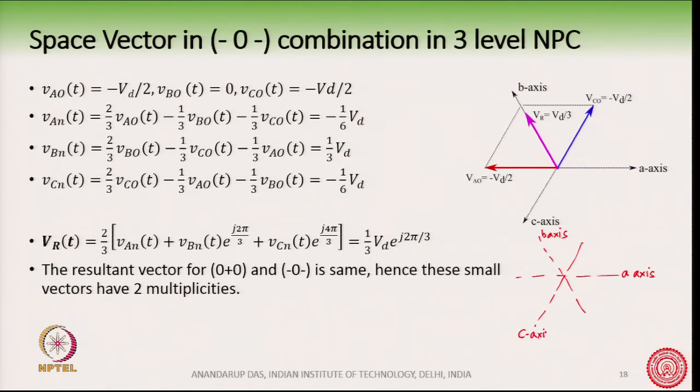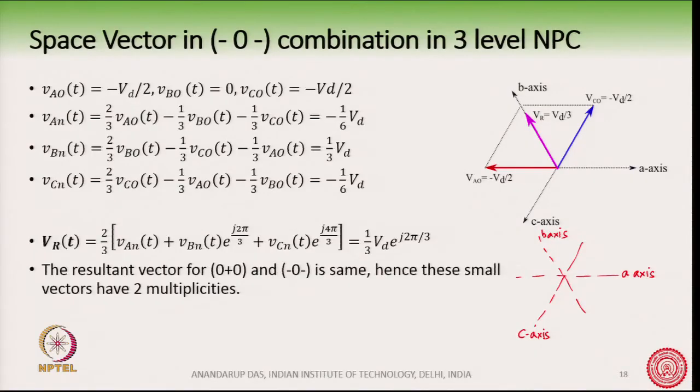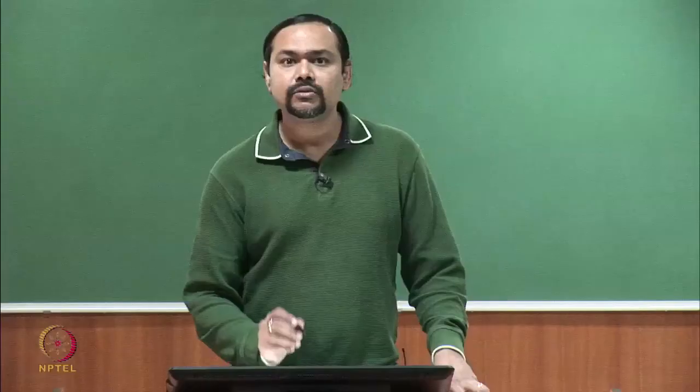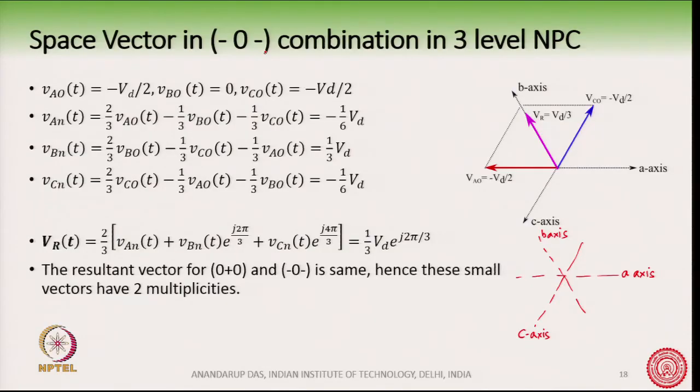I can quickly find the resultant space vector by vectorial addition on a diagram, without going into the detailed mathematics. Say you have minus 0 minus. On the A axis you have a vector which is minus, this way, on the B axis you have 0, nothing, and on the C axis you have another minus like this.